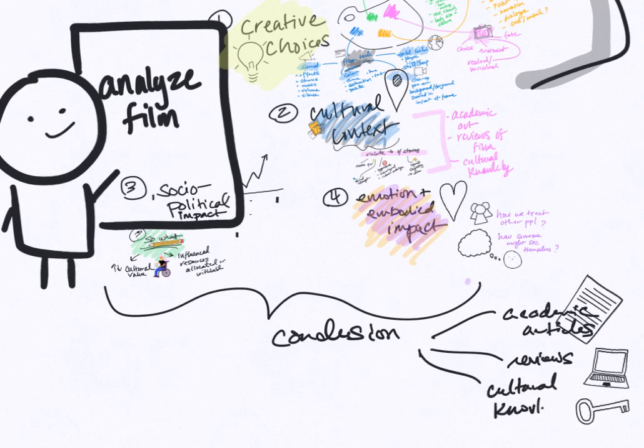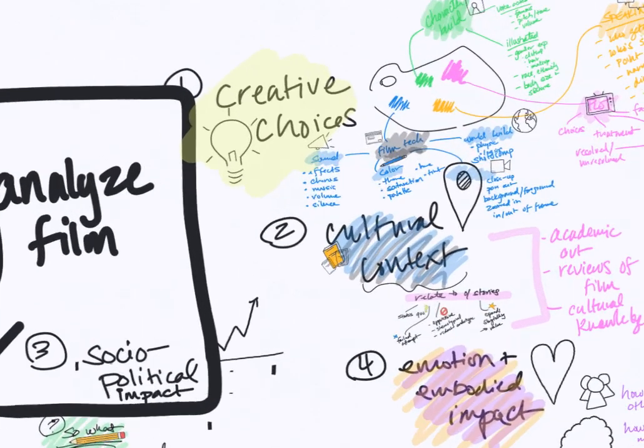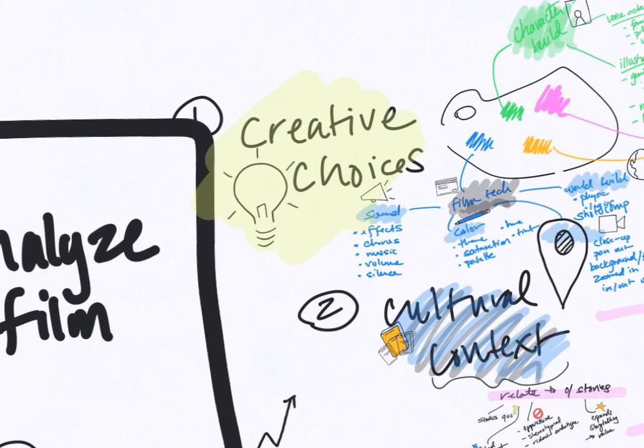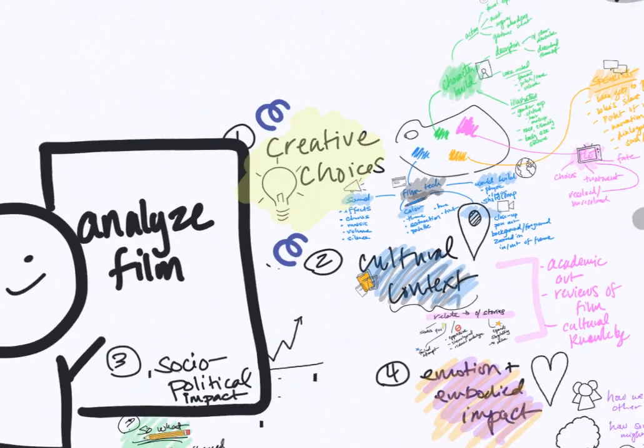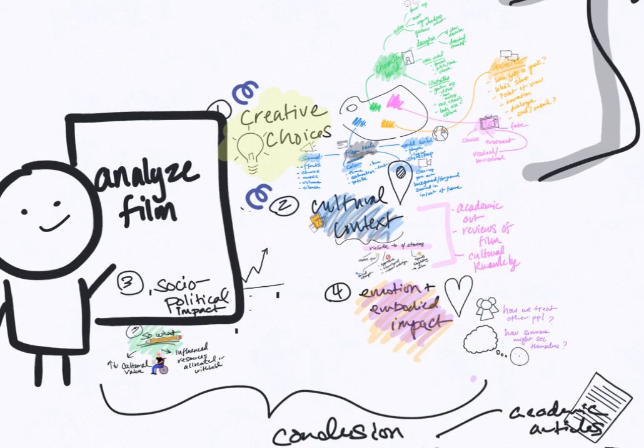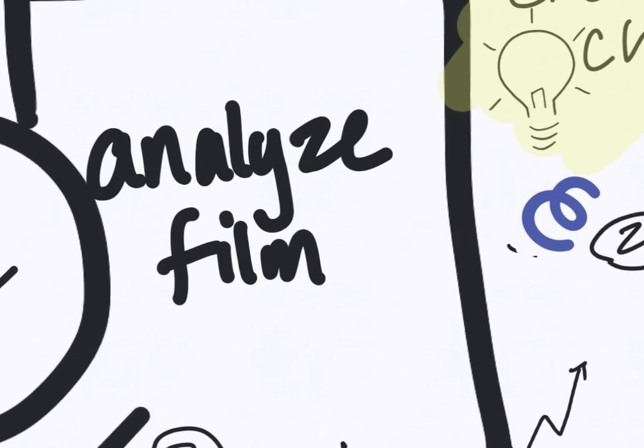But what I really want you to keep in mind is that the big ones, I think, are looking at the creative choices, because that really requires you to engage with the text, and you're not summarizing, you're saying, what choices is this creator making, and how does that measure up to what a larger system of storytelling does? And then in 3 and 4, we're talking about what the impact of those choices is, right? So that is how you analyze a film.